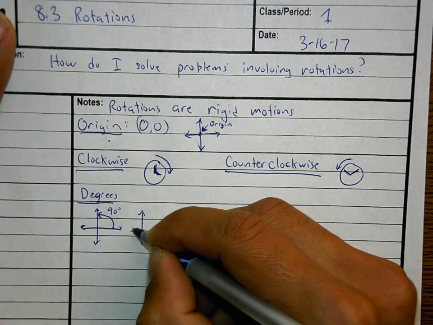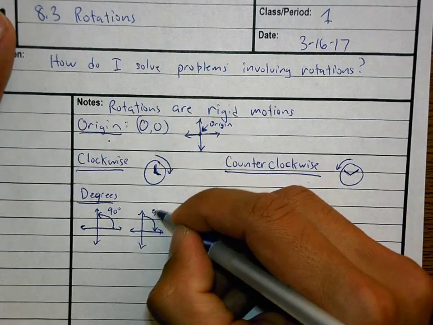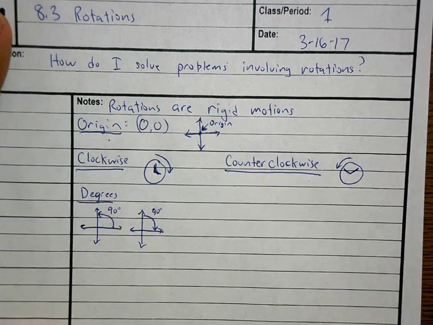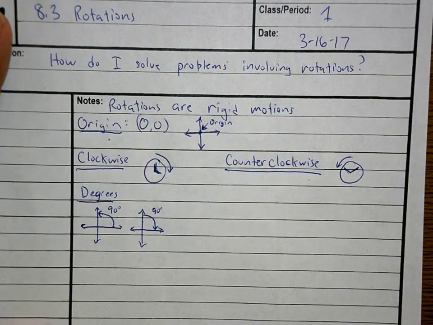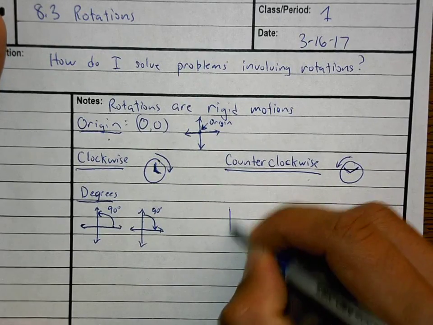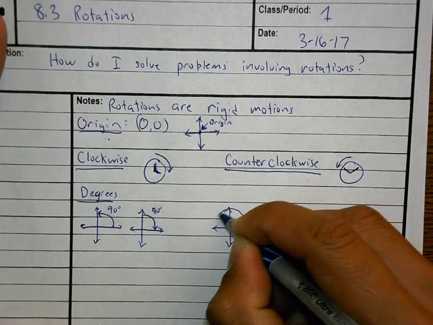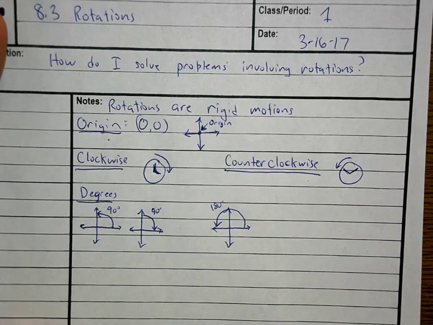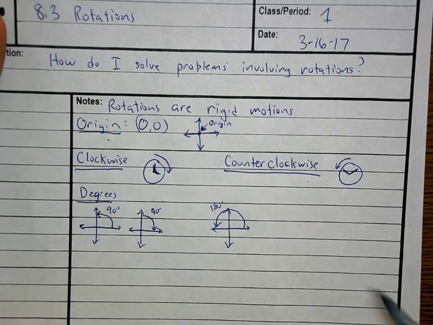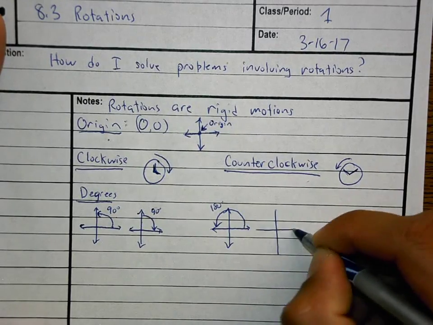I could also do 90 degrees from there to there. That's also 90 degrees. Anytime you go from one axis to the next adjacent axis, that's 90 degrees. 180, on the other hand, is where you go from one side of the axis to the other side of the same axis, either clockwise or counterclockwise.